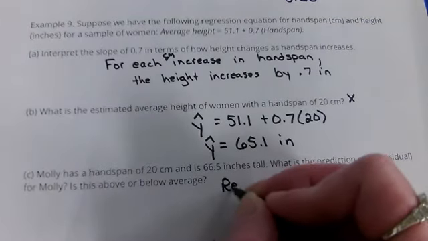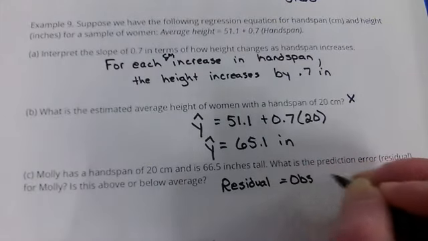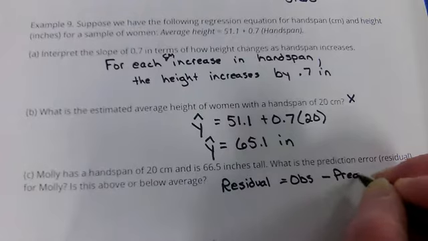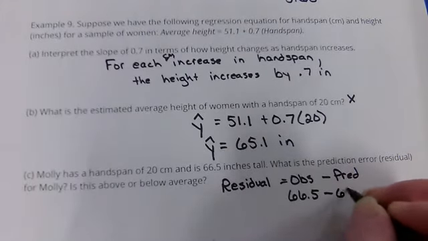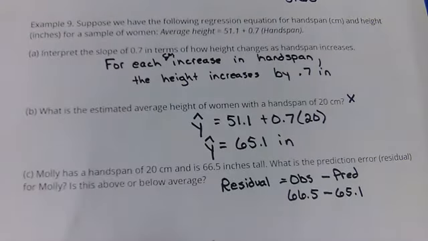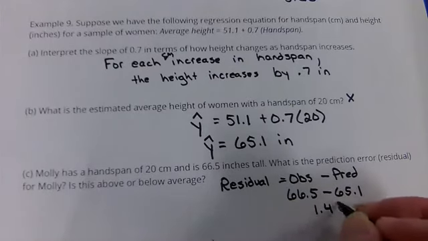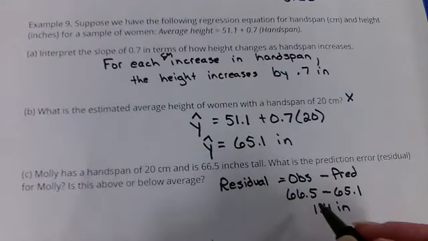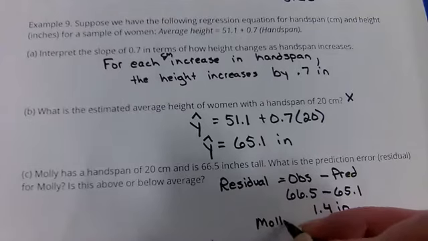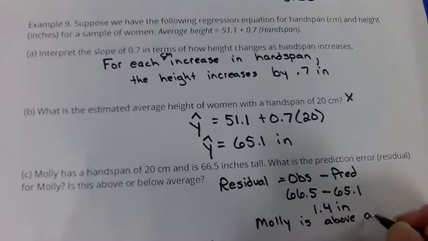The residual is the observed minus the predicted. So the observed is 66.5 minus 65.1, which is 1.4 inches. So that means Molly is taller than what is predicted, so Molly is above average.